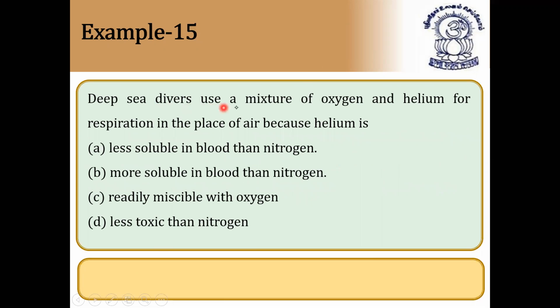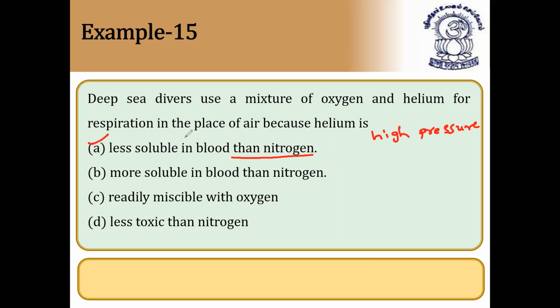Deep sea divers use a mixture of oxygen and helium for respiration in place of air because helium is very, very important. This question I have already discussed in the previous lecture. It is less soluble in blood than nitrogen. Down in the sea, what happens? High pressure will be there. At high pressure, helium is less soluble in blood than nitrogen.